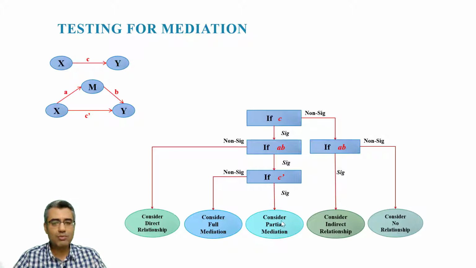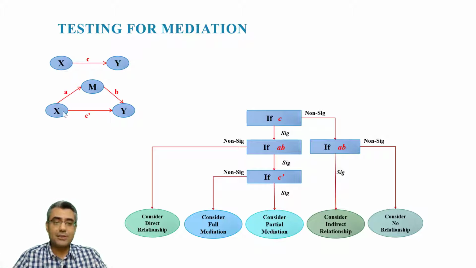But we have two types of mediation: partial mediation and full mediation. So now we check the C prime in the mediation model. This C prime is different from this C, right? Because this is the mediation model, this is the total effect model. So in the mediation model, now we check the C prime. If C prime is still significant, this means we have partial mediation.